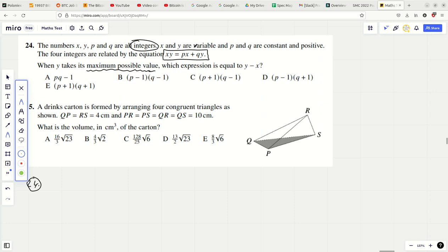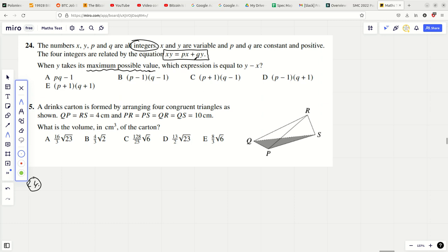Also, this is a math challenge, and in the math challenge you never need differentiation on any of the questions ever. They're really good at setting questions which don't actually involve any A-level content really, in the senior math challenge, where obviously pretty much everybody's doing A-level, but it's really cleverly done. So how can we do this?